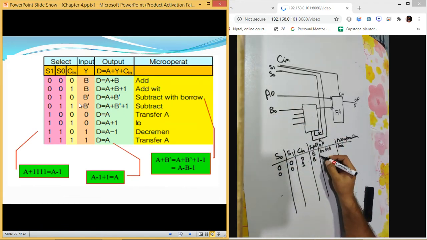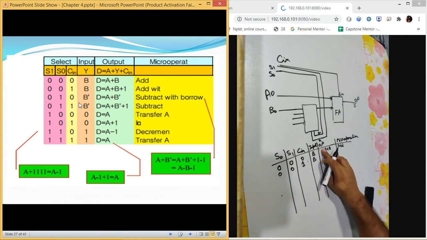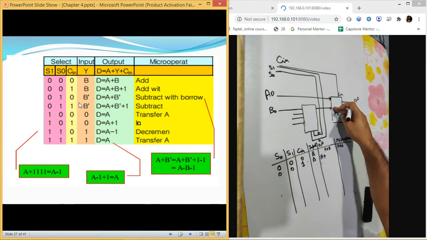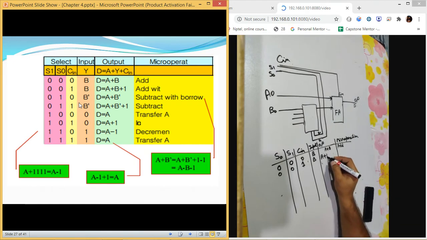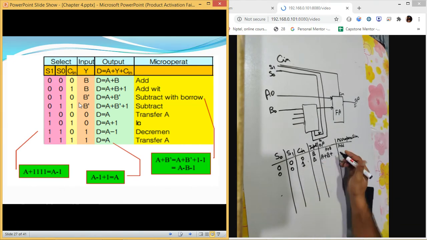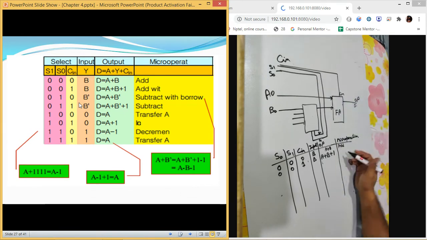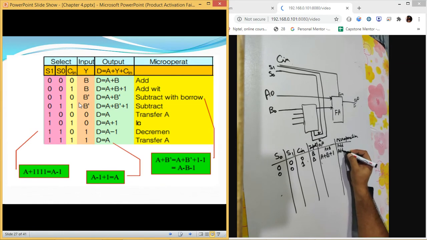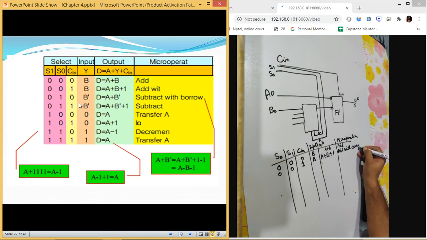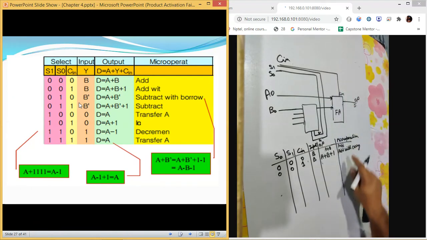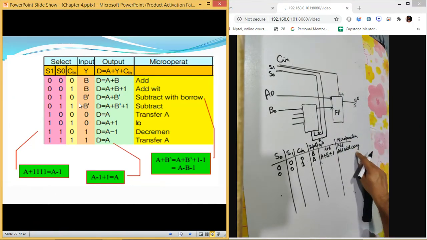So the value of D will be A plus B plus Cin, which is A plus B plus 1, because 1 is now in Cin. We have a carry from the outside, so this operation is now becoming add with carry.